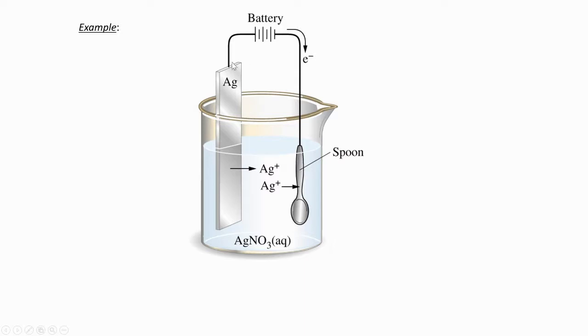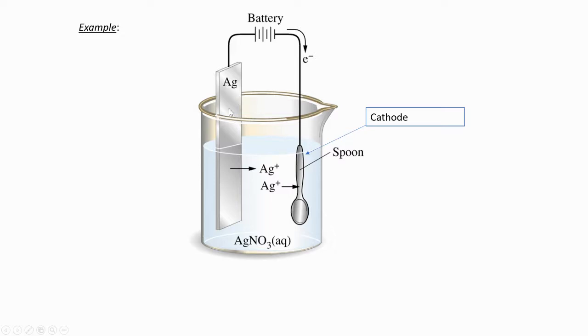So the electrons are always going to be going from the anode to the cathode, just like before. So that makes this spoon the cathode. We want to plate it, so we hook it up to the cathode. Electrons are going to be flowing down towards it. We're going to try to make it real negative. We make it negative, then these silver ions are going to be attracted to it, and they're going to plate on the surface of the spoon and get that nice shiny silver spoon.